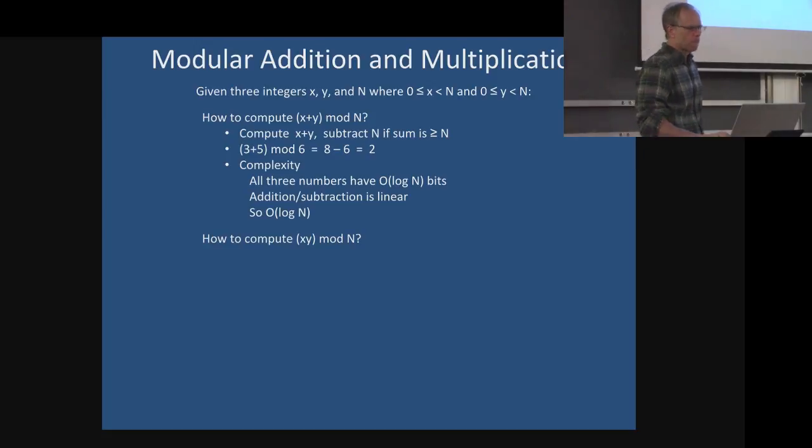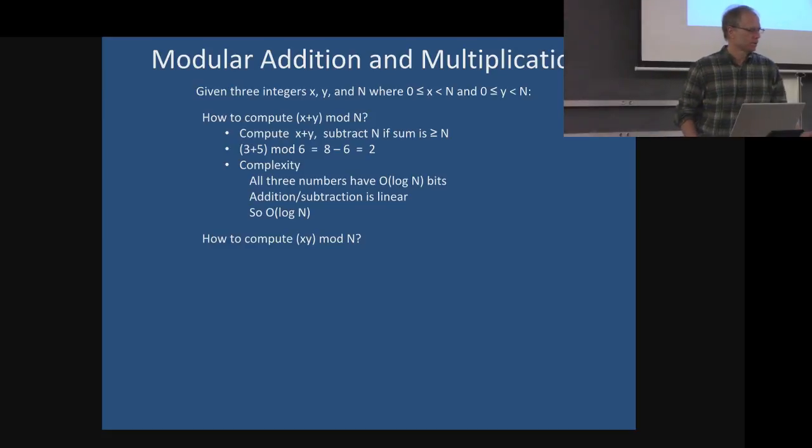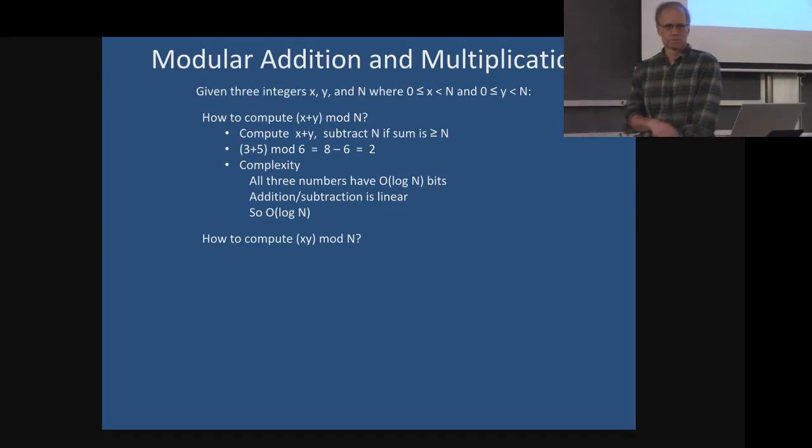How do we do multiplication? What would be the multiplication algorithm, again assuming that you can do regular non-modular integer arithmetic? Well, we could do x times y and then do a bunch of subtractions, but that could take a very long time.